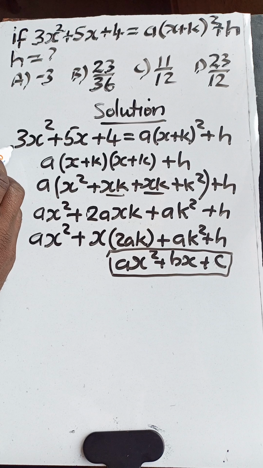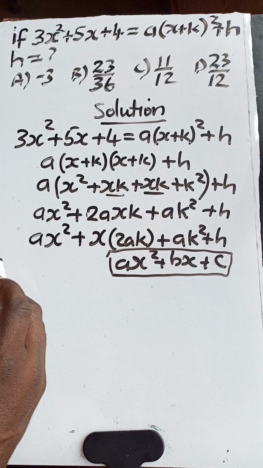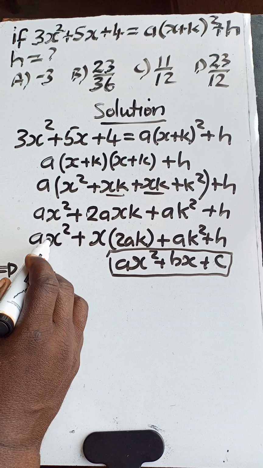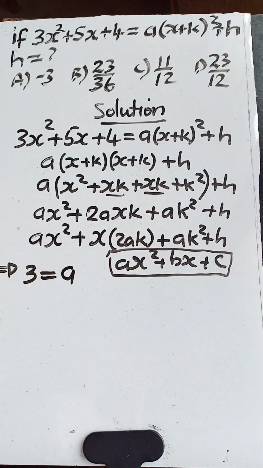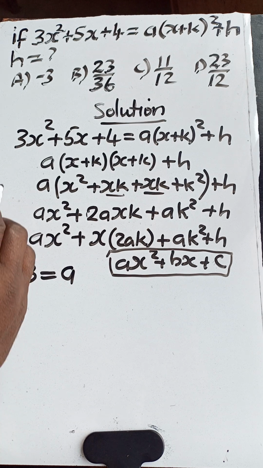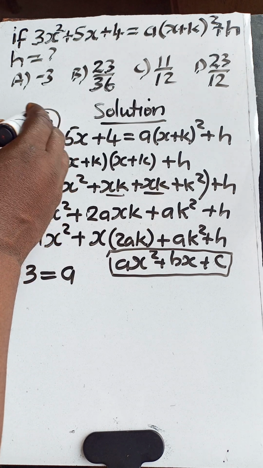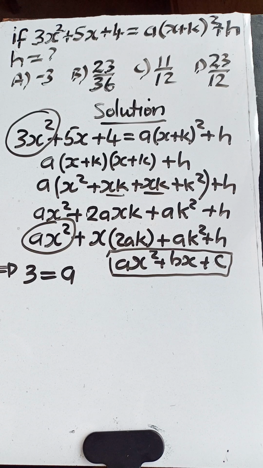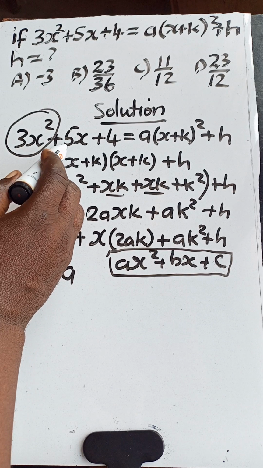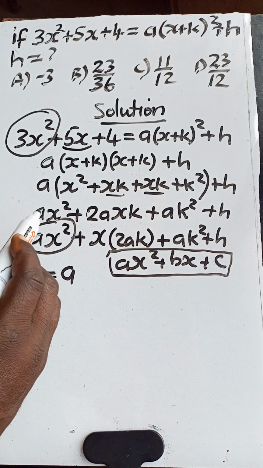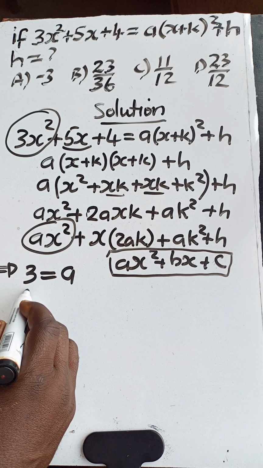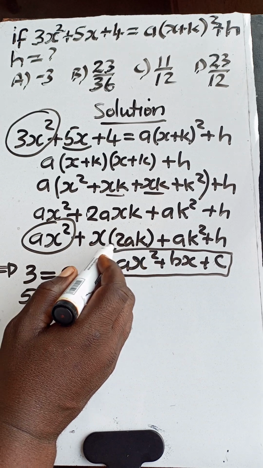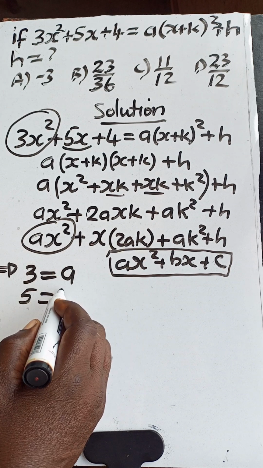So our a on the left-hand side is 3. That means 3 must be equal to our a on the right-hand side. We have taken the x squared term and the x squared term. They must be equal. Then we go to the x term. The coefficient of the x term on the left-hand side is 5, and on the right-hand side it is 2ak.